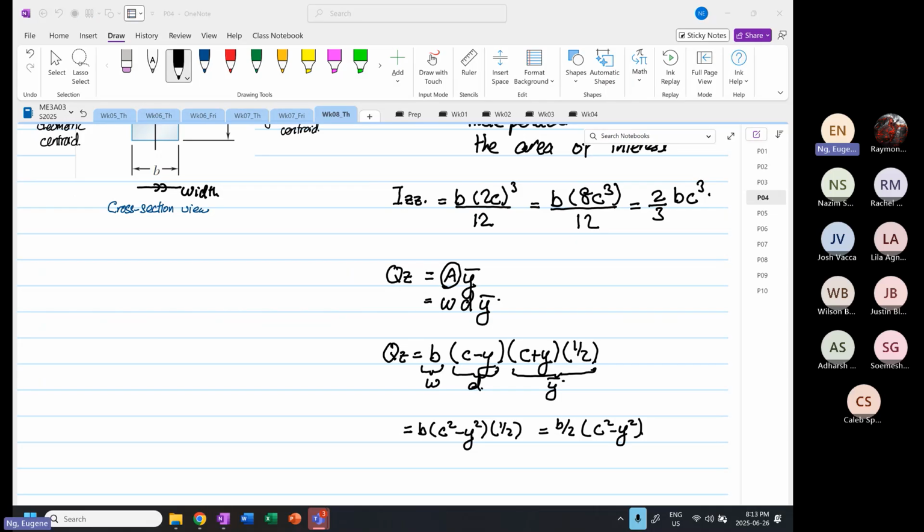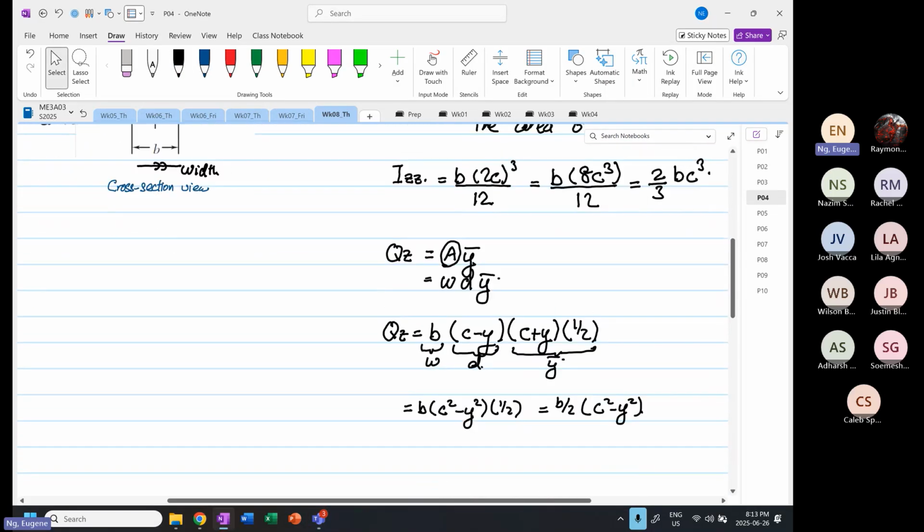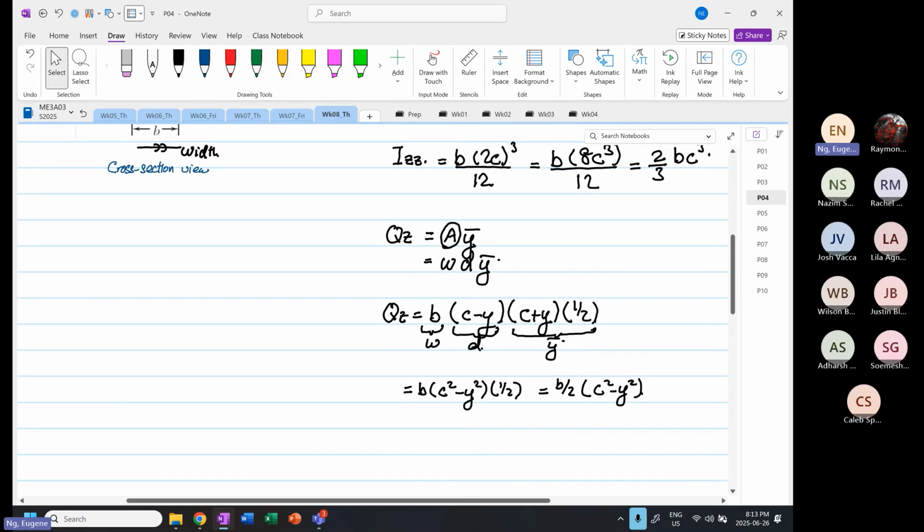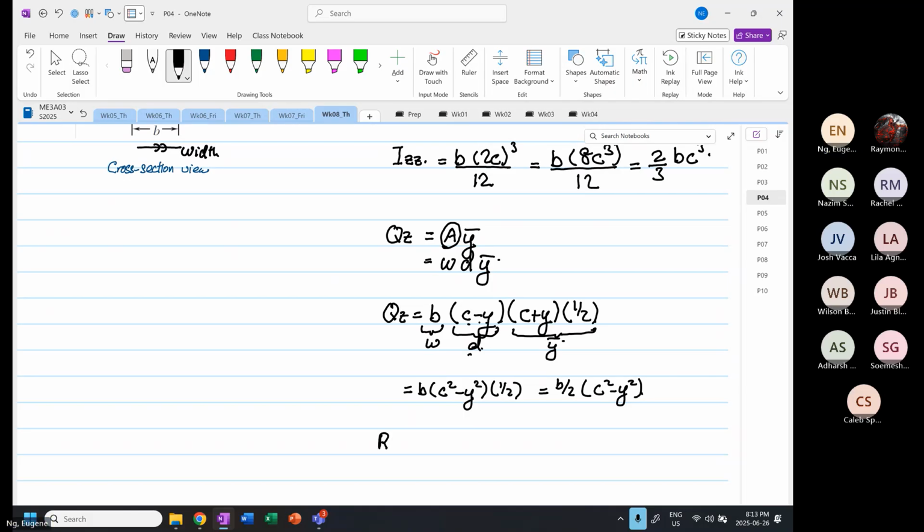The next thing we have now, before I go any further, based on what we have derived: the depth is C minus Y, and the Y bar is C plus Y over 2.